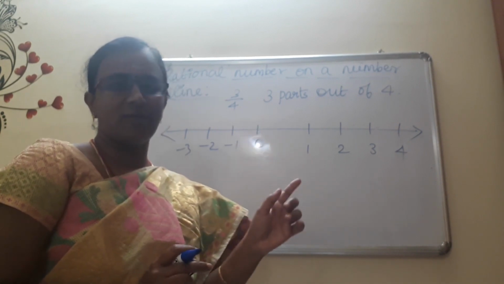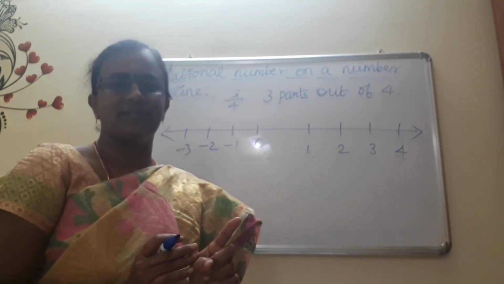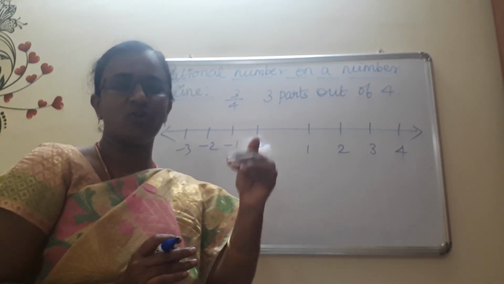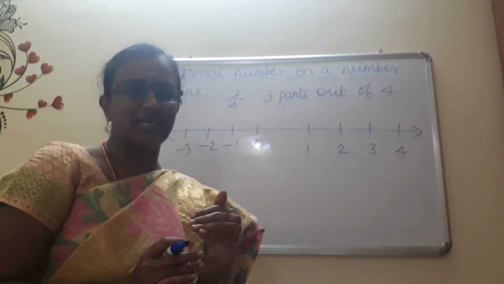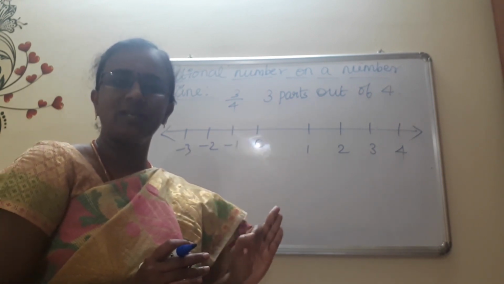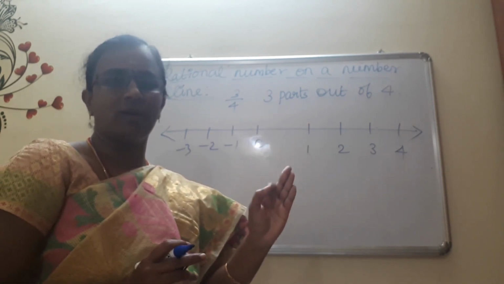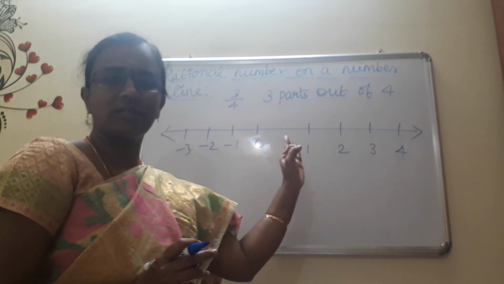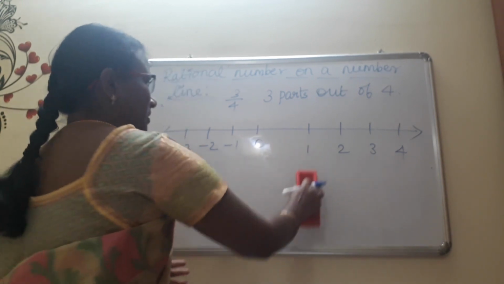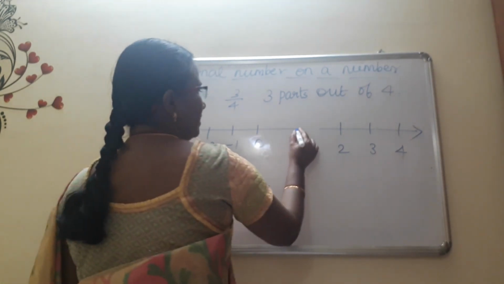So this 3 by 4 should lie only in between 0 and 1. How can you denote this 3 by 4 on a number line? Okay, so I'll draw it clearly.